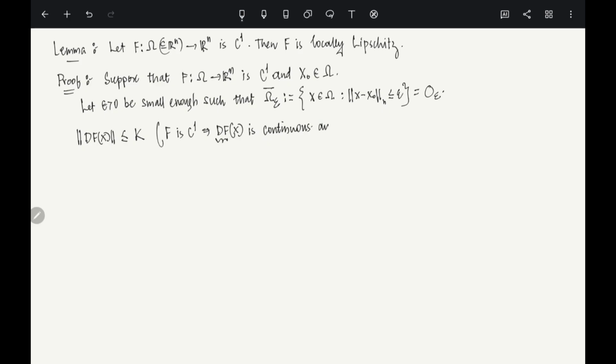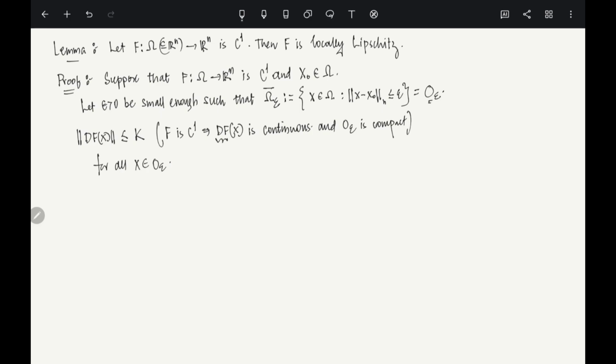And you see this O epsilon set is compact. So if you are choosing your point x from O epsilon, this holds for all x in O epsilon.